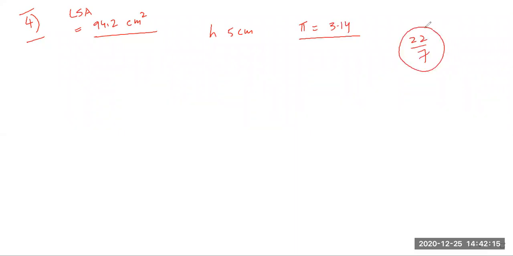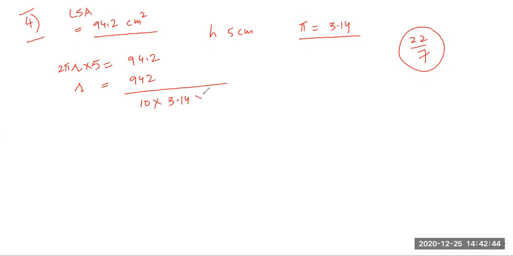So lateral surface area is given. Now, lateral surface area of a cylinder is how much? Good. Lateral surface area is 2 pi r h. H is 5. That is equal to 94.2. So r would be equal to 94.2 divided by 10 into pi. Pi is 3.14.